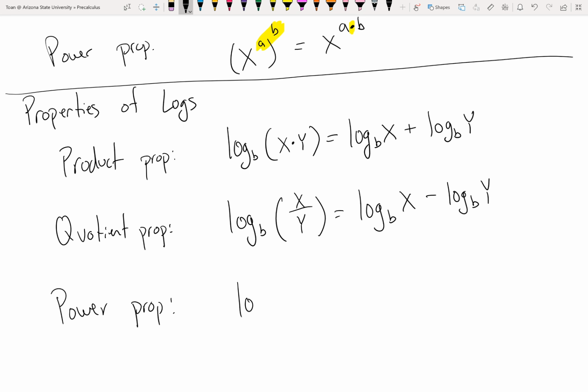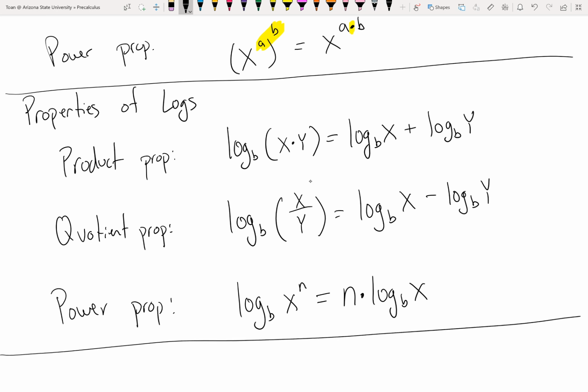If inside of the log you have an exponent, you can take that exponent and move it out in front. The exponent n gets dropped down, and then you multiply it with the log of the expression without the exponent. So these are the 3 properties of logs.